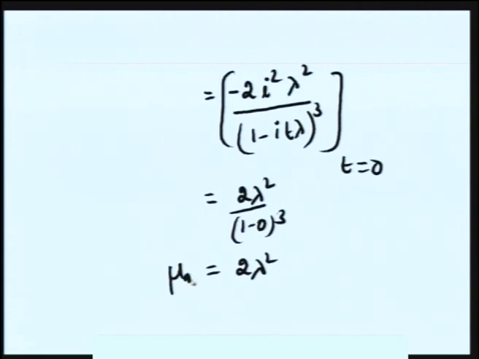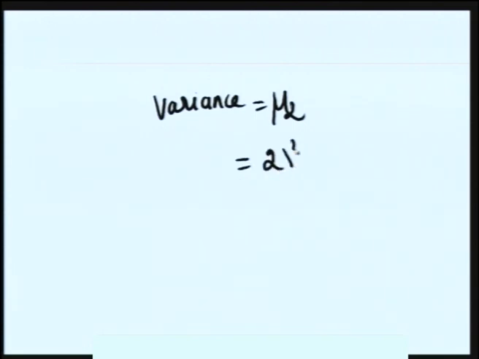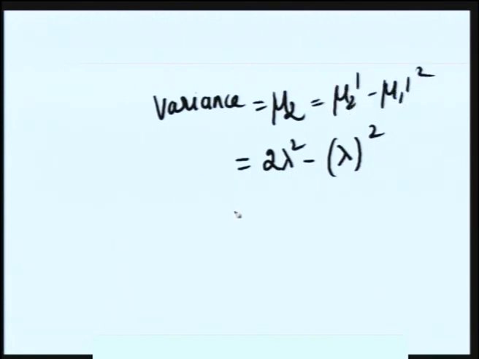So, μ2' is equal to 2 lambda square. So, what happens to the variance now? The variance is equal to μ2, and μ2 is μ2' minus μ1' square. So, 2 lambda square minus μ1', which we found as lambda, so μ1' square, right. This is actually μ2' minus μ1' square, right. So, 2 lambda square minus lambda square, which is equal to lambda square. This is your variance. Okay.